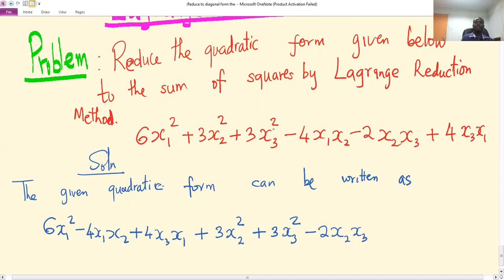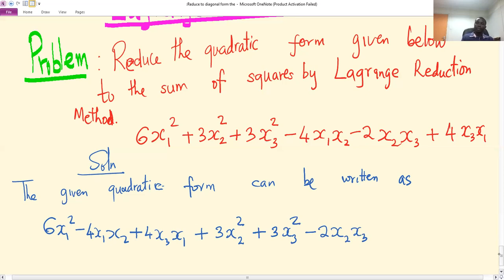So I've rearranged these terms so that I have terms with x1 starting, followed by the rest of the terms in x2 and x3. So that's step one.